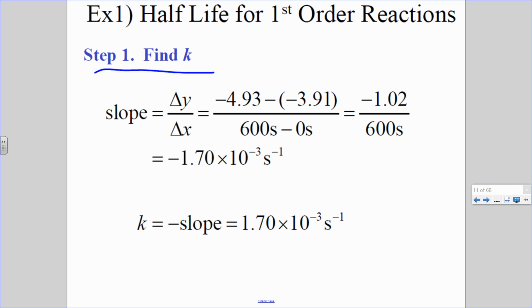To find K from one of those graphs, if you have the natural log of the concentration versus time, and you want K, you can find the slope. And that's what that is here. If you had this graph, you're finding the rise over the run and taking that, and that slope is K.